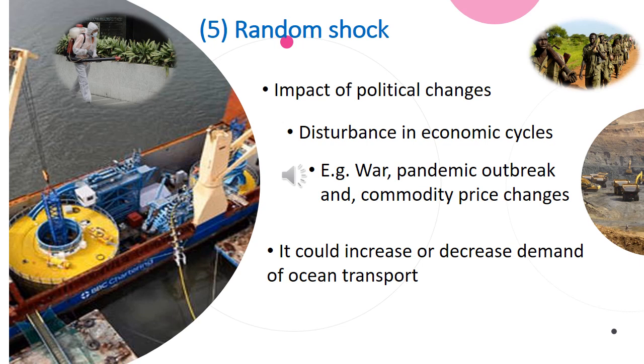Changes in the weather, occurrence of civil war, pandemic outbreaks, changes of commodity price, and the finding of new resources are examples of random shocks that may affect the business cycle and directly affect the economic cycle. The occurrence of a random shock creates an economic shock. Such disturbance in the economy disturbs the demand of ocean transport.